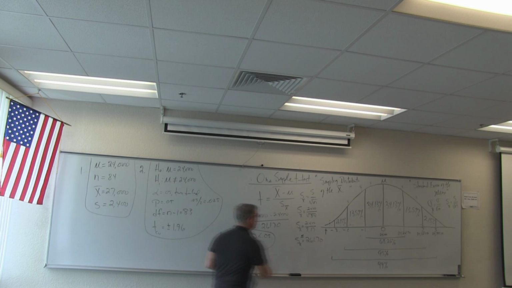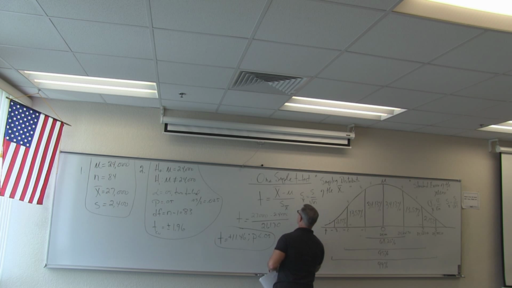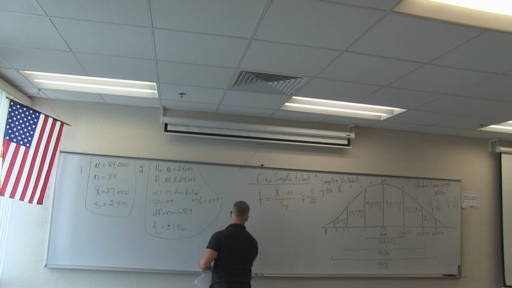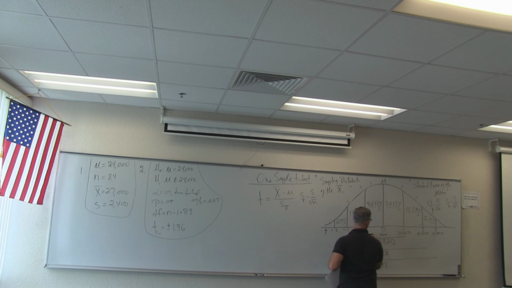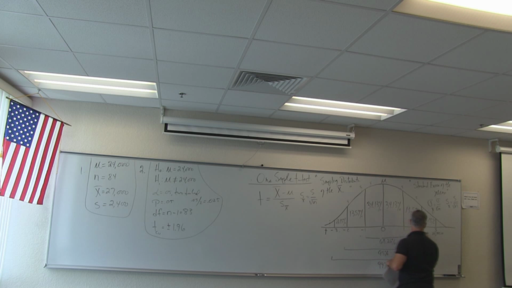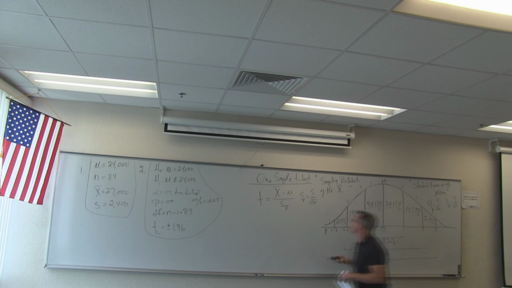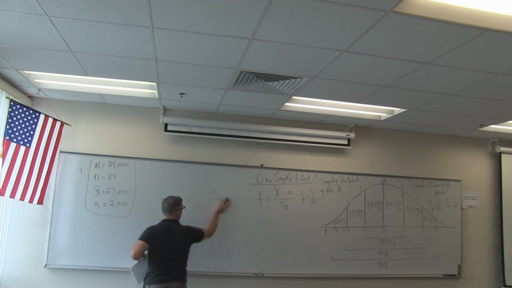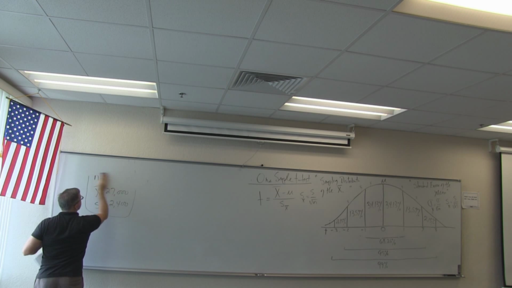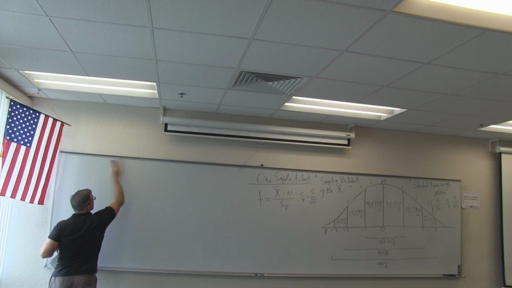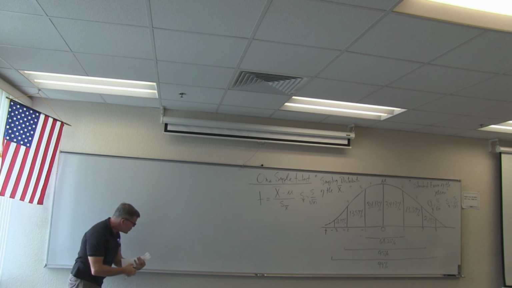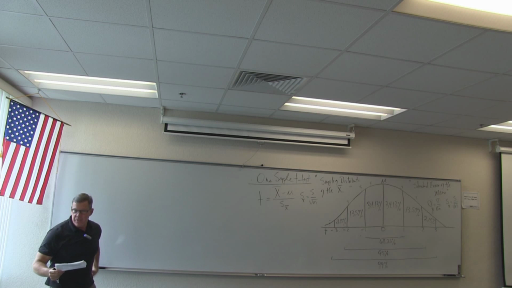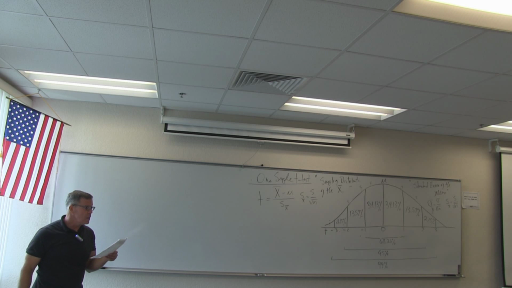Okay, let's try it again. Overton University claims, it's a claim, it's a statement, it's a hypothesis, that because of its superior facilities and close faculty supervision, its students complete the PhD program earlier than usual.